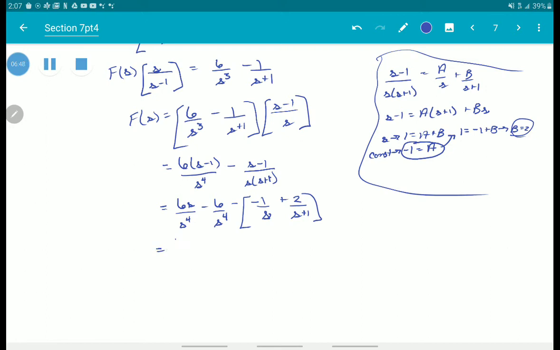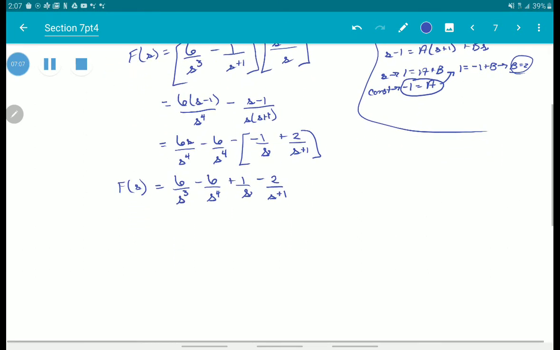So I'm going to reduce. I'm going to distribute. So there's our F of s. That's as simple as we can go. Now we're at a point where we can take the inverse Laplace.